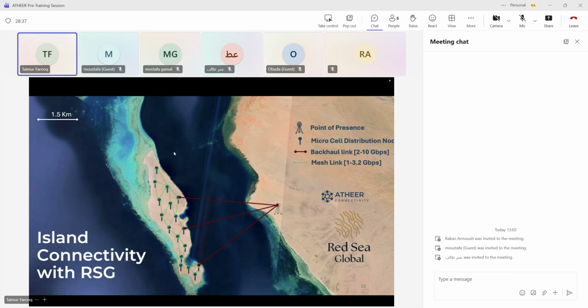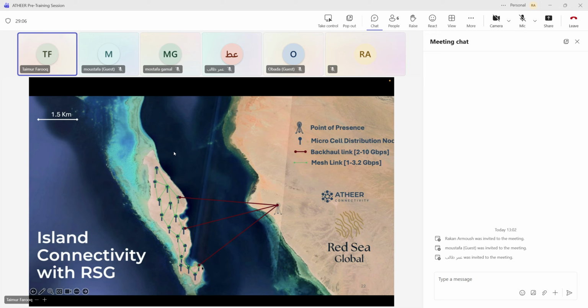You might ask me, what about long distances? What about the harsh environment? What about the effect of rain and everything? So this is another project that we did for Red Sea Global. Each of these red lines going from the mainland to the island is a link of around 4.1 to 4.2 kilometers. These all work in parallel with each other, and each link has 2 gigabits capacity.